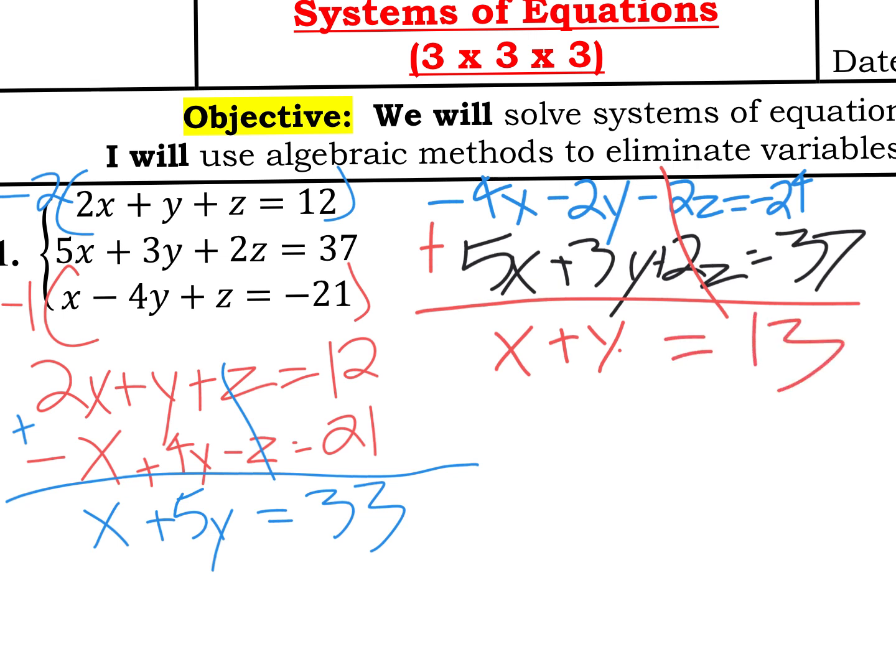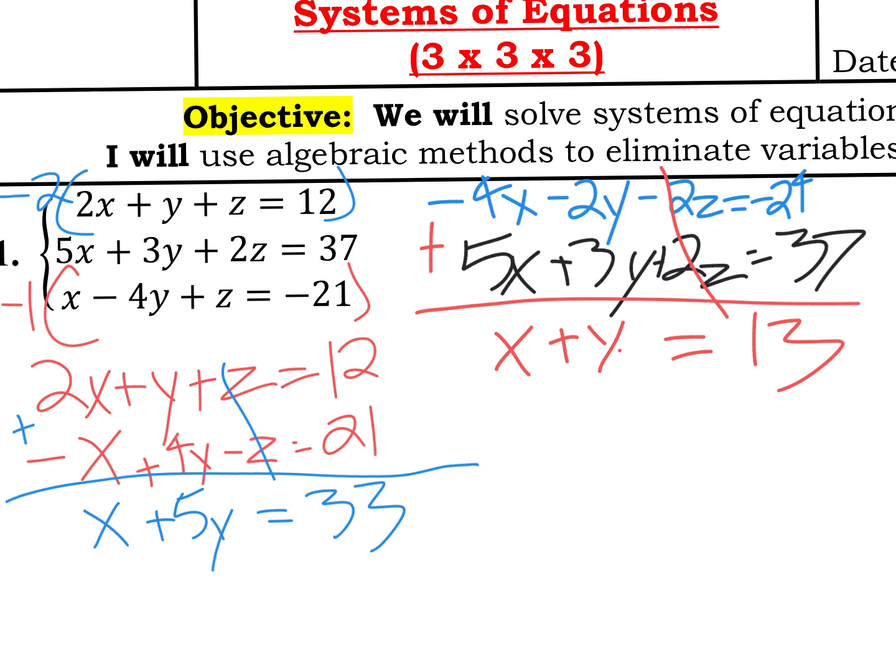All right, so now I have two equations where the z variable is missing. I'll want to work with those two equations and eliminate one more variable. So looking at this, I have an x and an x. So really, I can eliminate those x's if I had a positive x and a negative x.